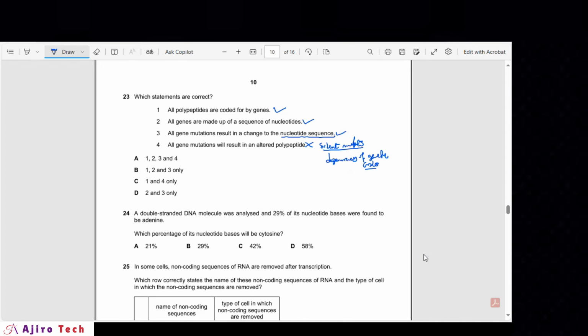One amino acid can be coded for by more than one DNA triplet. So it's possible that the newly introduced DNA triplet is still coding for the same amino acid. So it does not alter the polypeptide. So just 1, 2, and 3 only.